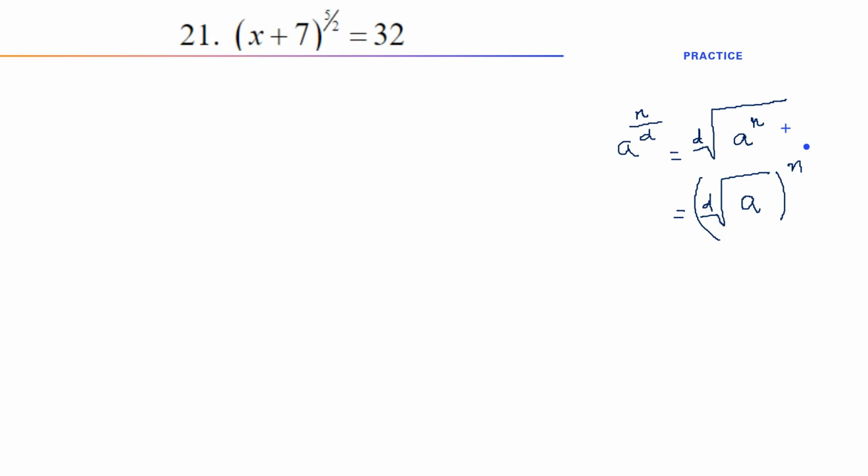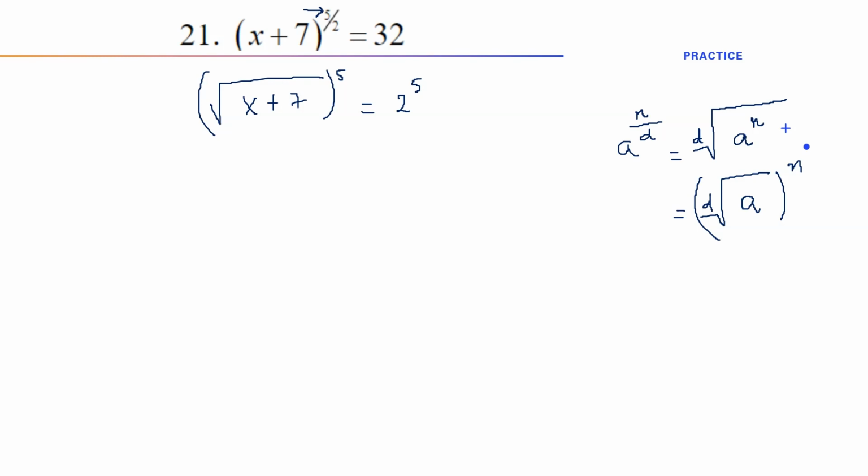Alright, so this one I have the square root, right? Because of the denominator right here, so this one will look like that, square root of x plus 7. I know that on the right hand side 32 is 2 to the power of 5, and it's perfect when I have the power 5 right here, the numerator right here is 5.